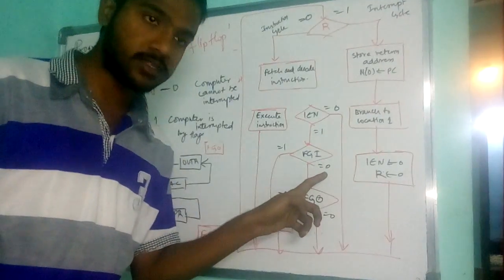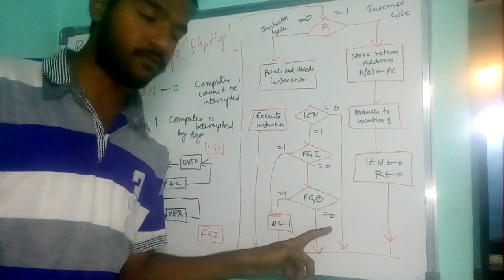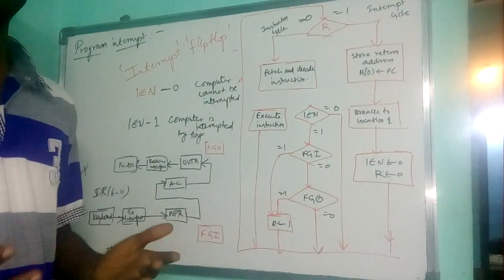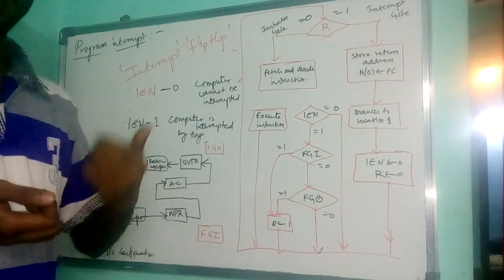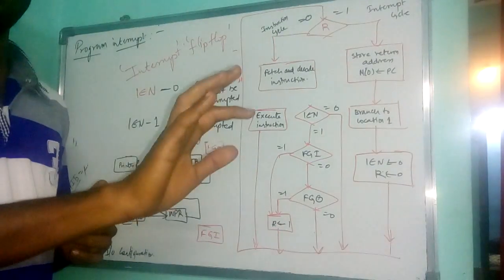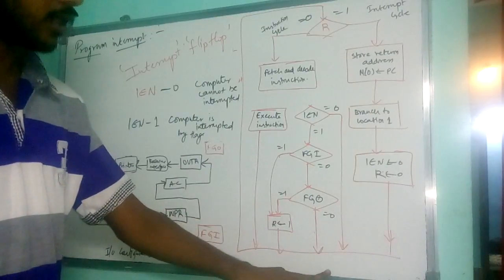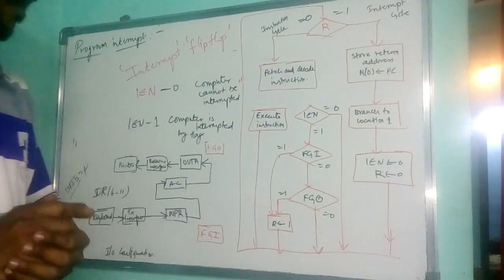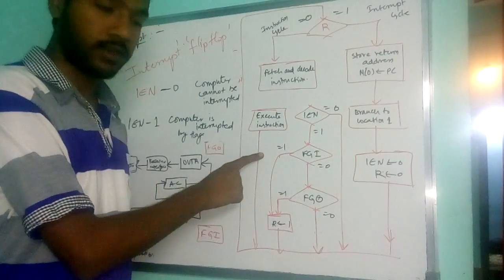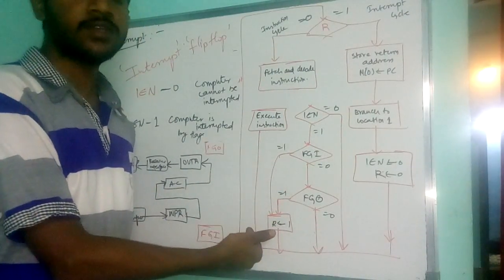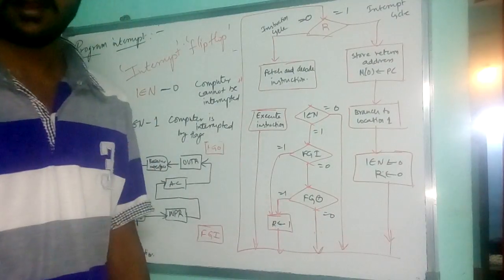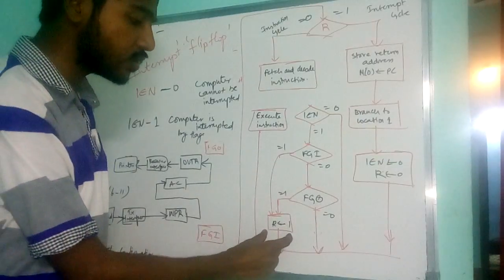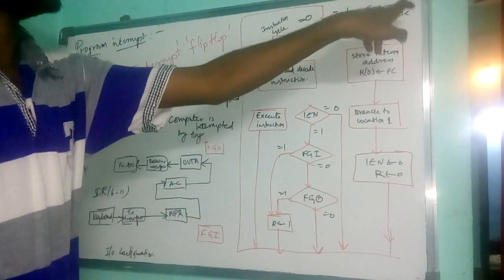Next, it checks with the output flag. If it is also 0, then both the input and output are not ready to take or to give the information, so you execute the same instruction. There is no change in the instruction. But whenever this flag is 1 and this flag is 1, we set R to 1. Whenever R is 1, the control is shifted to the interrupt cycle.